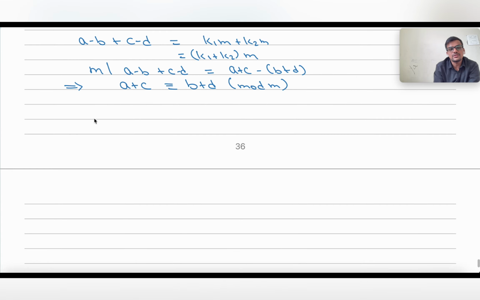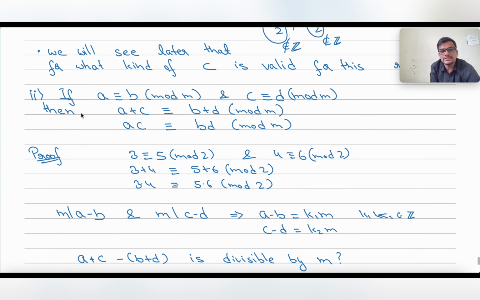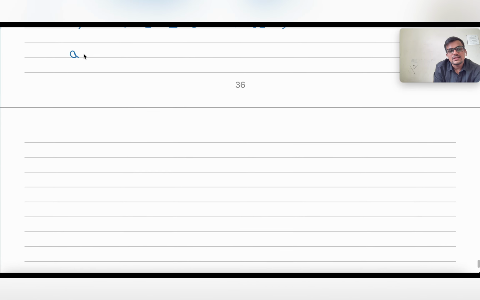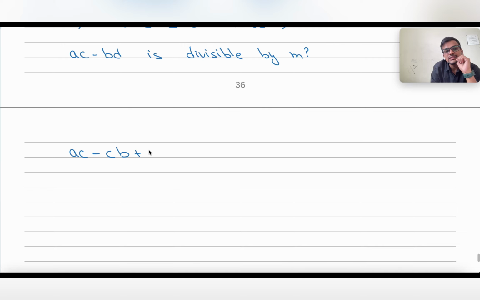Now let's move to the proof for the product. To prove AC is congruent to BD, I need to show AC minus BD is divisible by M. Now AC minus BD I can write as AC minus CB plus CB minus BD, which is C into (A minus B) plus B into (C minus D).